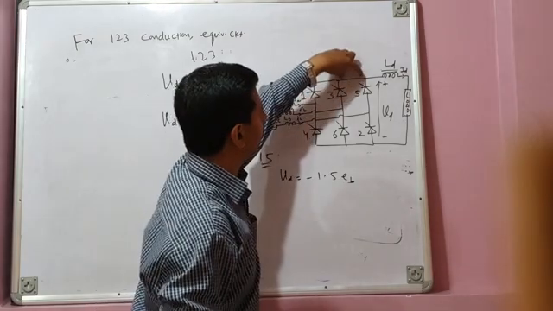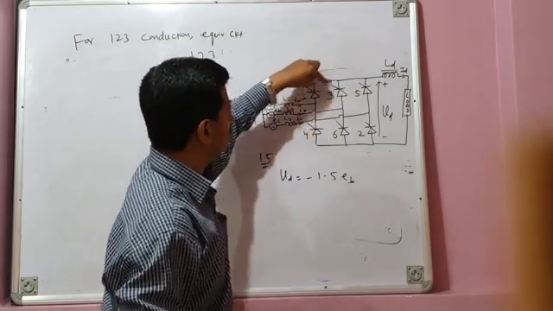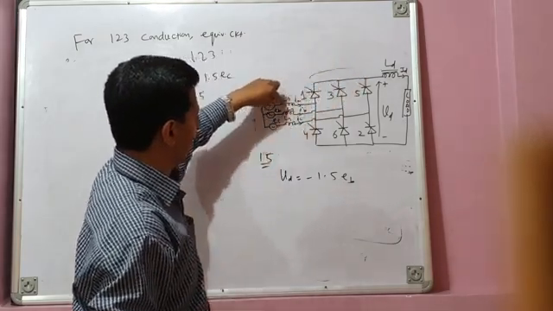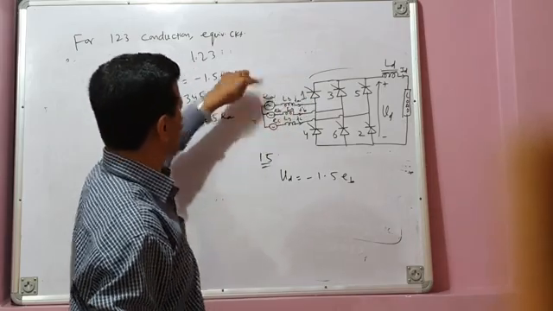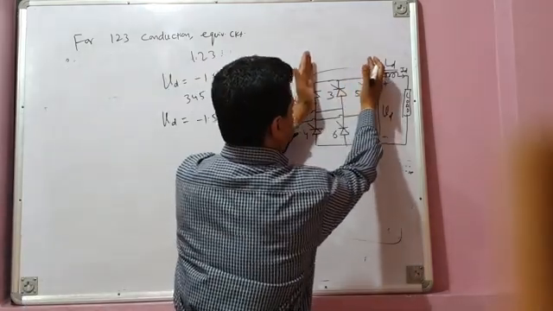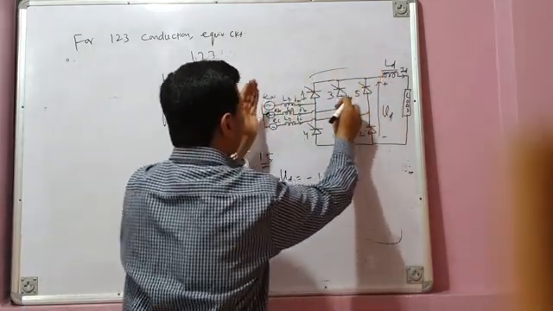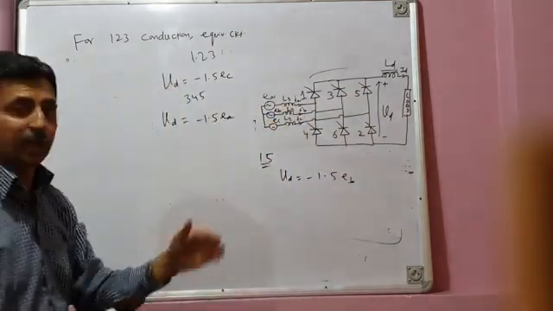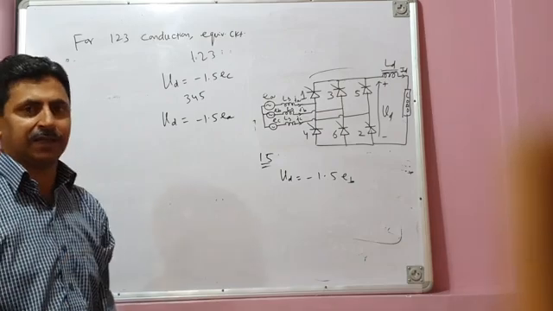When 3 and 5 are conducting, it is minus 1.5 EA. Similarly, when 1 and 5 are conducting, it is minus 1.5 times EB. So you can remember it like this.